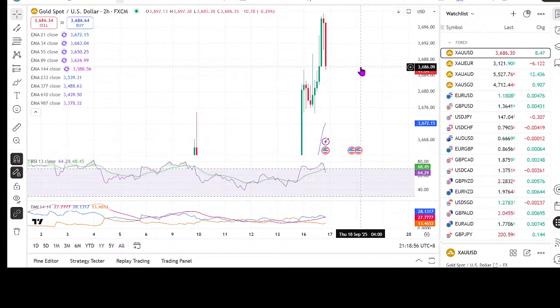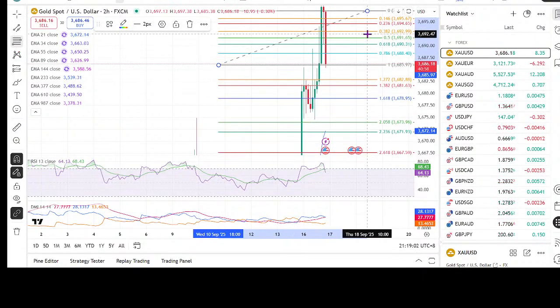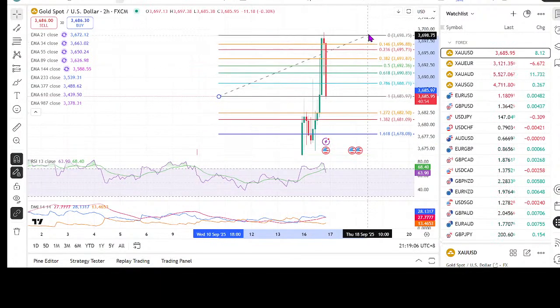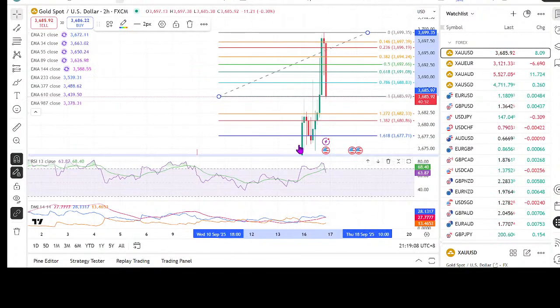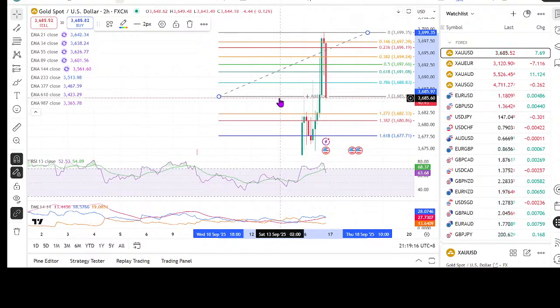So either this low might hold, or the price may extend towards 82 or 80 half. That should be our price target.